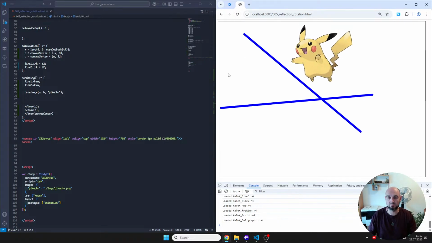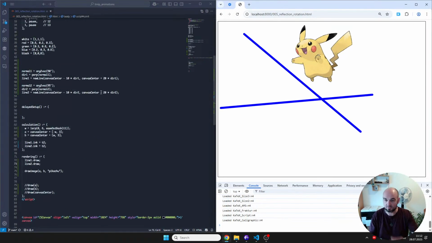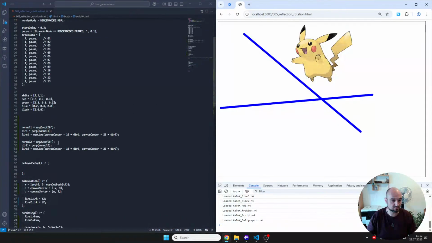We have Pikachu and we have our two lines. Oh yeah, 45 degrees is... Will that work? We will see.